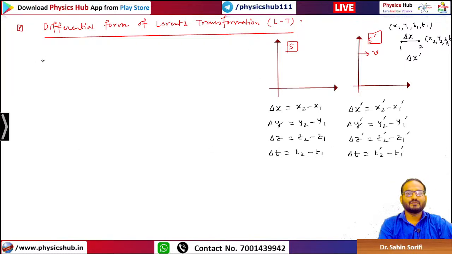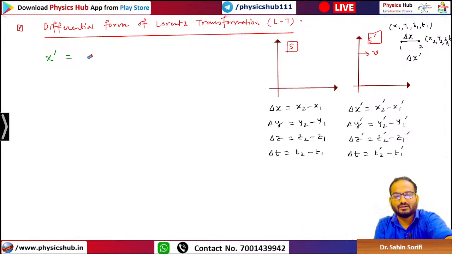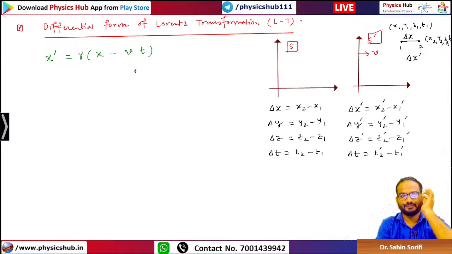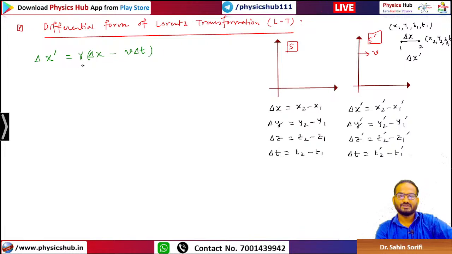We know that x prime is equal to gamma into x minus vt. Inverse Lorentz transformation we generally don't see much. In the differential form, it becomes like taking a derivative: delta x prime is gamma into delta x minus v delta t. V is constant, so it is not affected, and gamma is also constant. So this is the differential form of this.